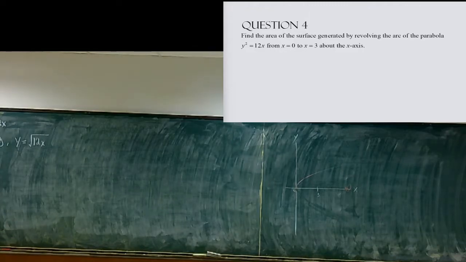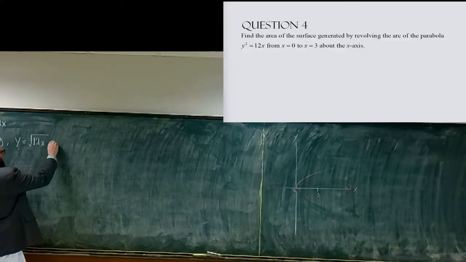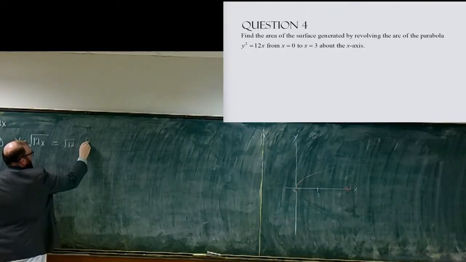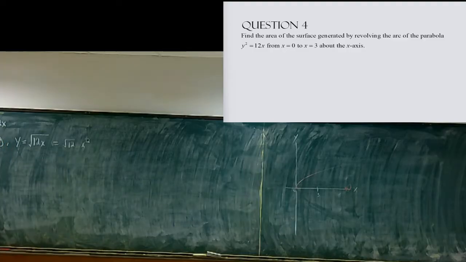We need y prime. Because square root of 12 is a constant, I could rewrite this, or I could also use chain rule.